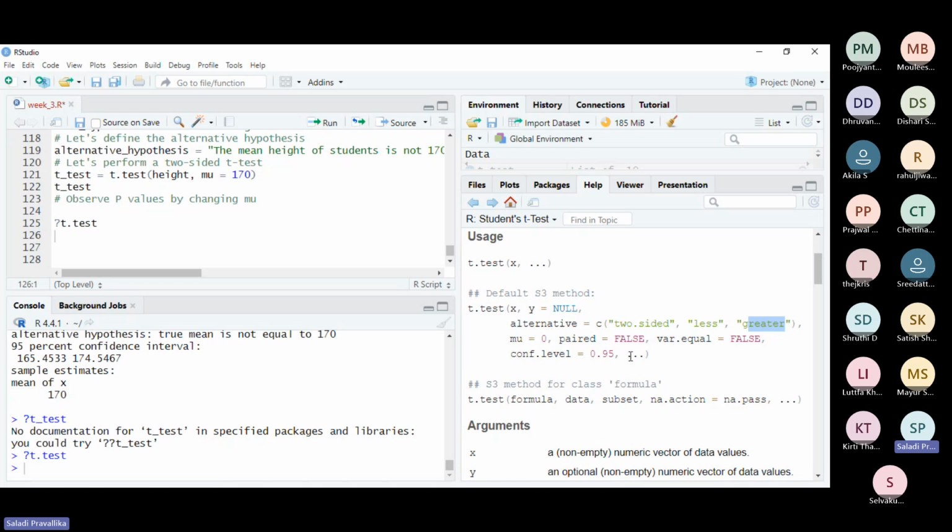Let me see if I didn't cover anything. Degree of freedom: basically, it is the maximum number of independent values that you have.